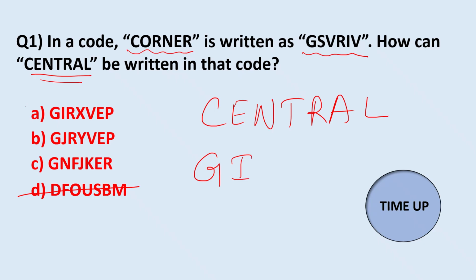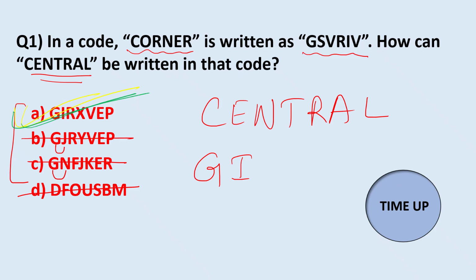So in the options you see after G, here you have N. So this option is eliminated. After G you have J. This option is eliminated. So the correct option will be this one, first option. No need to solve everything. So the correct option will be option A. Option A is your correct option.